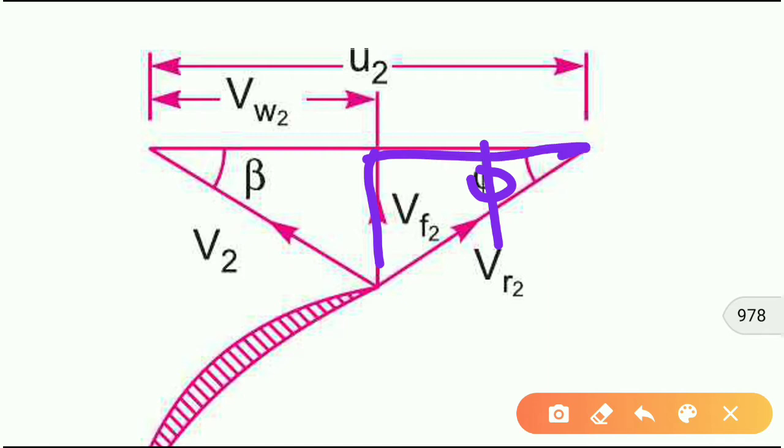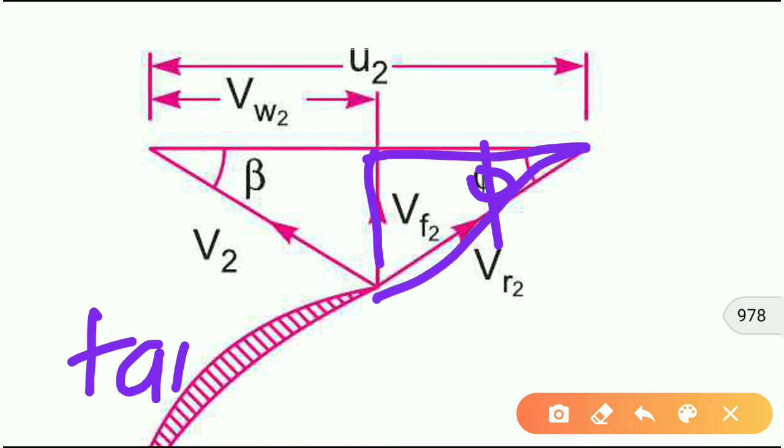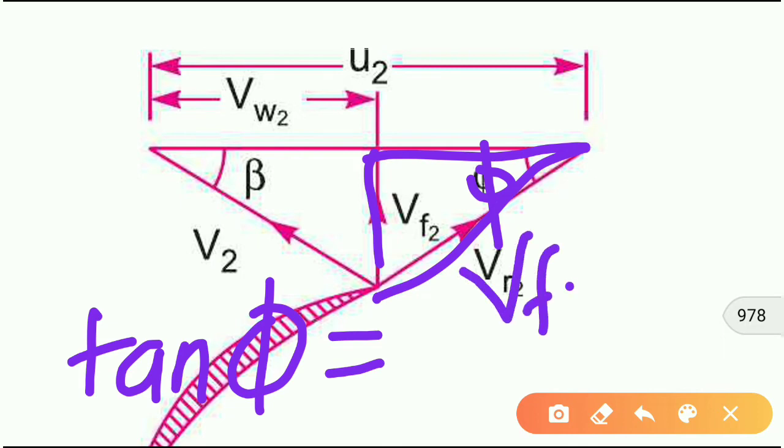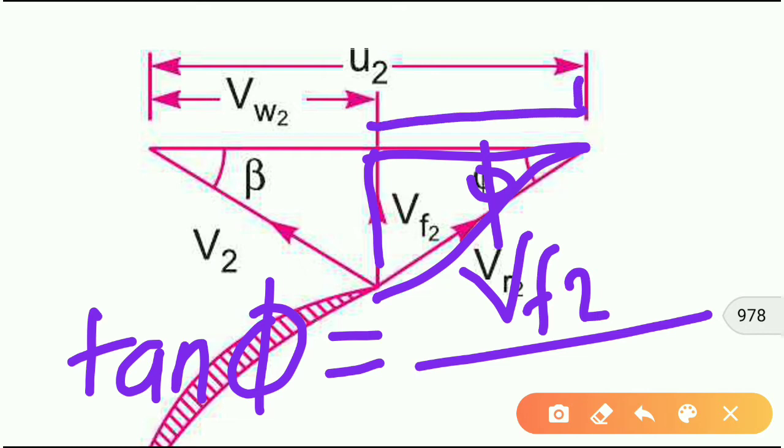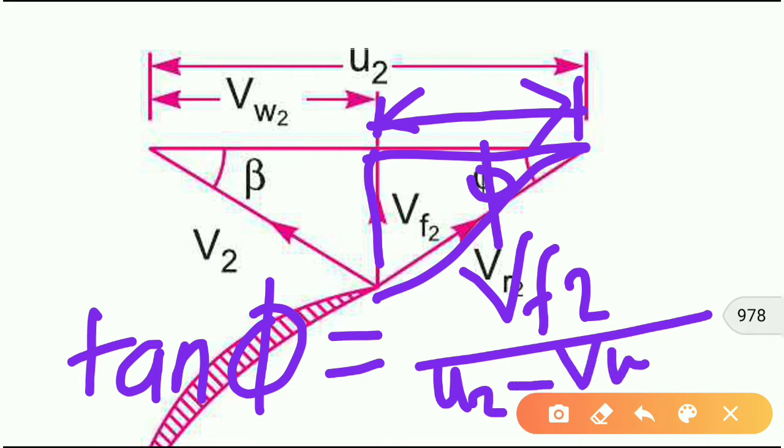From this triangle, by trigonometric relation, we can find that tan phi is equal to its opposite side, which is Vf2, divided by its adjacent side, which is u2 minus Vw2.